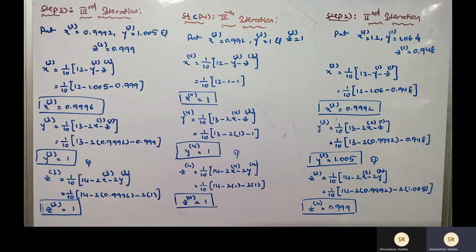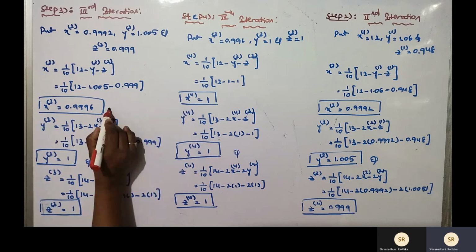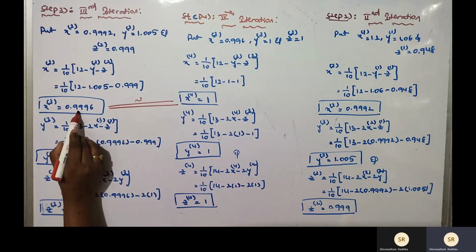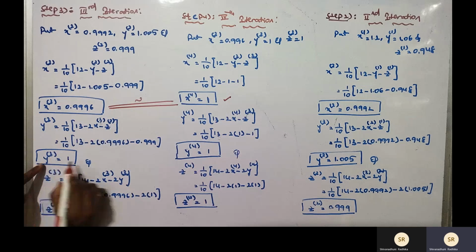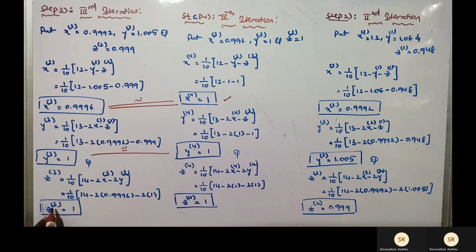See here, now I'm comparing any two consecutive approximations. Here x third approximation, x fourth approximation. See here, these are the approximate values. 0.996 is approximately 1, so I'm considering this as the 1. Here y third approximation is the 1, y fourth approximation is the 1. These are also equal. Z third approximation is the 1, z fourth approximation is the 1.